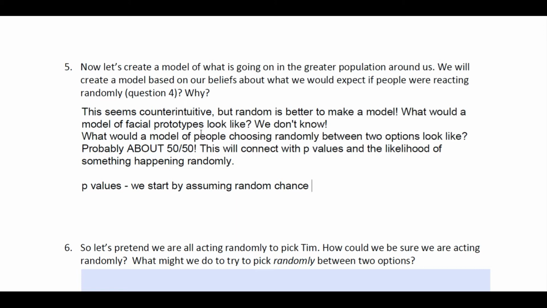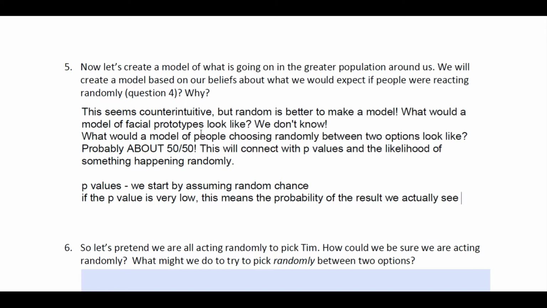And then if the p-value is very low, this means the probability of the result we actually see when we collect data is very low if it were happening randomly.